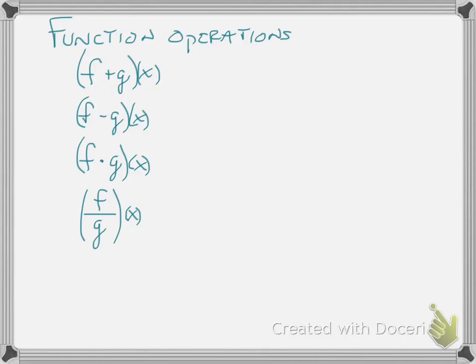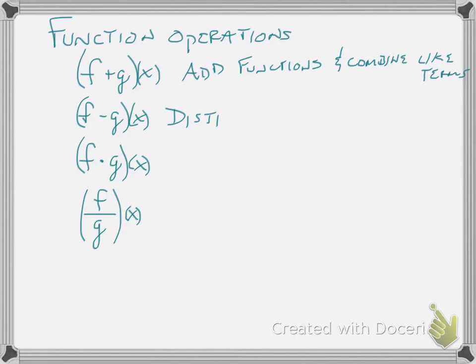Okay, for the function operations, when you're adding, you just add the functions and combine like terms. When you're subtracting, it's the same thing, except you have to subtract, but don't forget to distribute the negative.